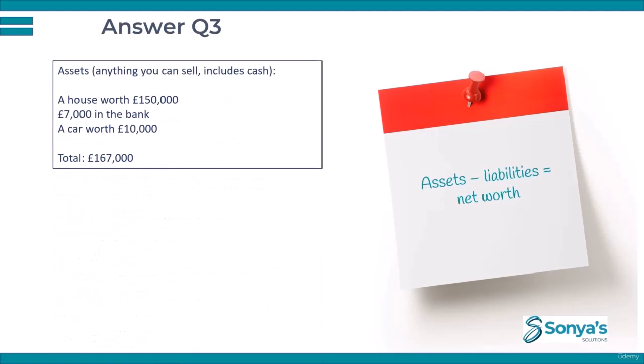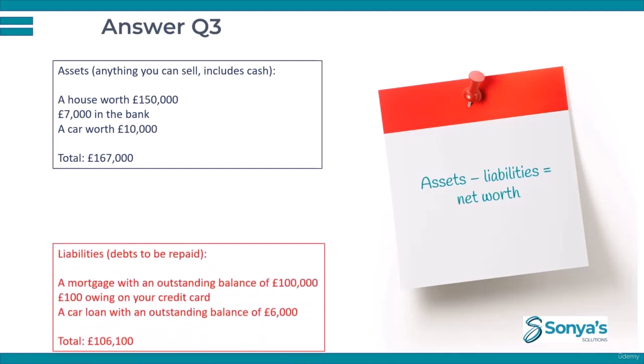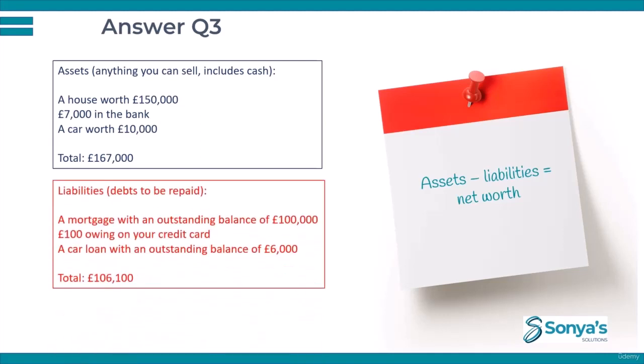When we calculate the value of our assets, we include the full value of them, even if we have loans outstanding on them. So, the total value of our assets, including any cash we have, is £167,000. We add up our financial obligations, debts to be repaid, which totals £106,100.